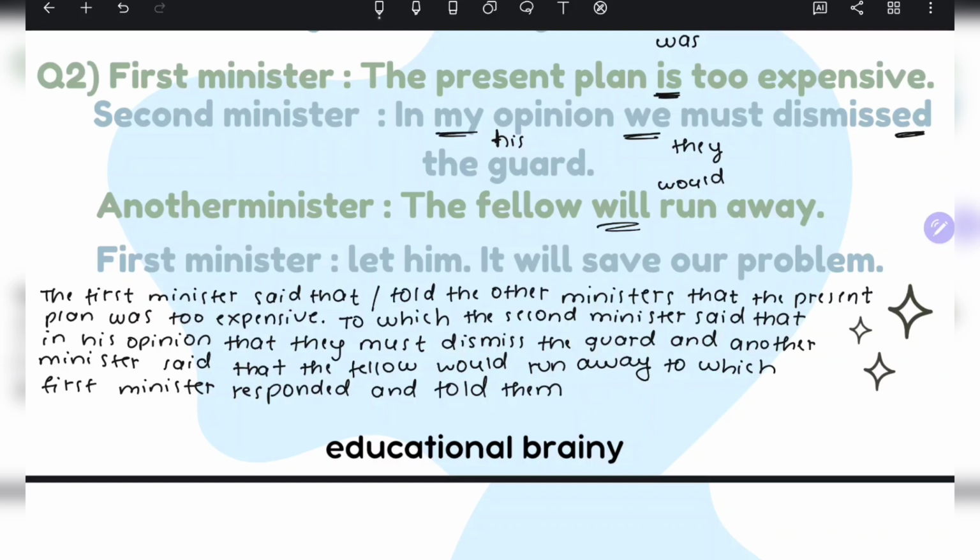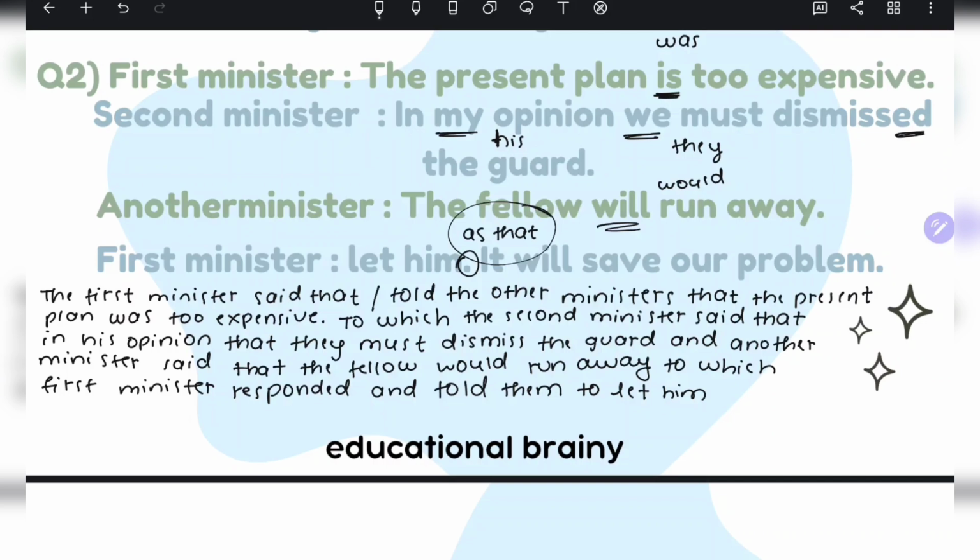So you have to write: to which the first minister responded and told them to let him. Let him, there's a full stop. You should add something in between: as that. These are all points where the teachers will see and give you marks. If you write these things, the teacher will be impressed and you get the full mark.